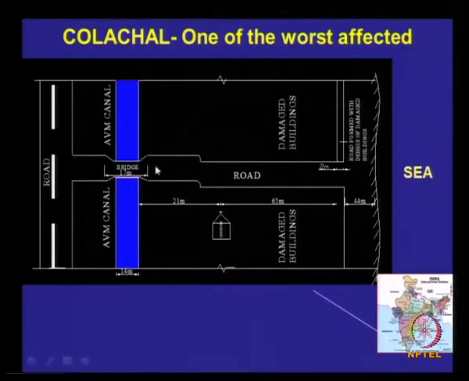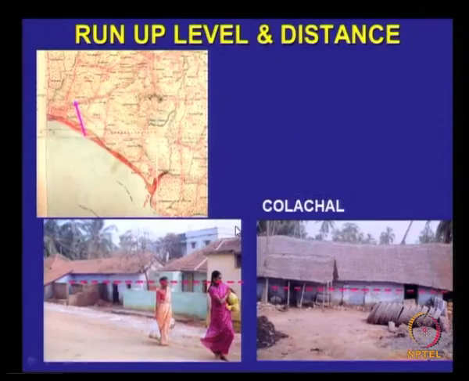All the people rushed inside and lost track, and many of them got trapped in this canal. And this is the AVM canal, which was very much referred to during the period of the tsunami, where a lot of people got drowned, and this entire area was completely washed off.